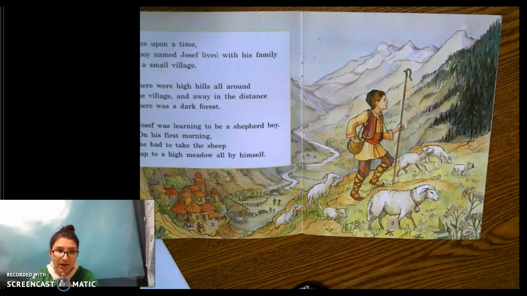So we're going to have the narrator, Joseph, father, village girl, first village man, second village man, third village man, and there's going to be a wolf and a sheep. The sheep and the wolf, they don't talk. They're just kind of there, okay?